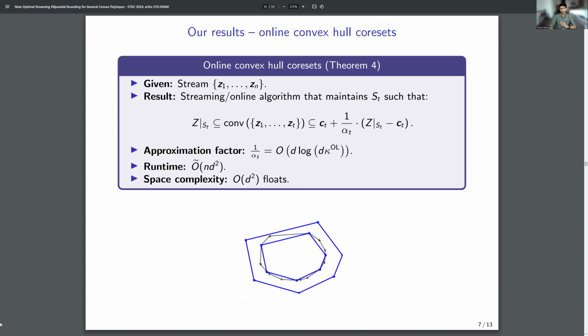The approximation factor is essentially the same as it was previously, and the runtime and the space complexity are the same. Just remember that the space complexity here does not depend on the stream length n. And then as before, if all the coordinates are integers in minus capital N up to positive capital N, then we can replace all the condition number dependencies with a capital N.